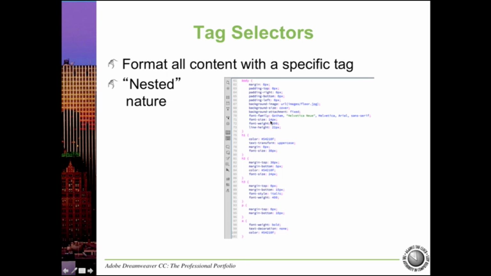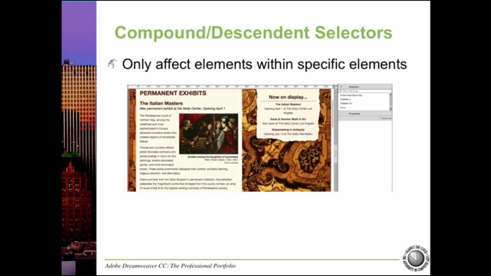So everything inside this body tag is going to have that font size. Well, if you have an A tag selector, it will affect all the linked text on the page. If you want links in your nav bar to appear differently, you can use a compound selector using a specific div tag for that specific element.